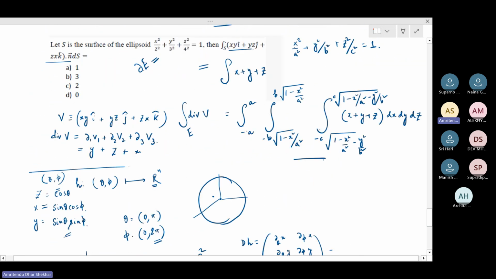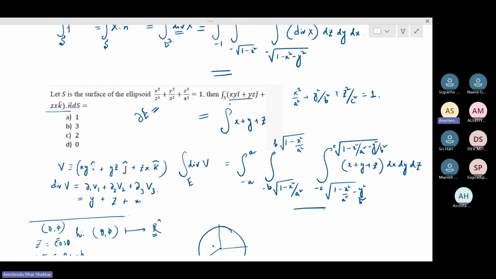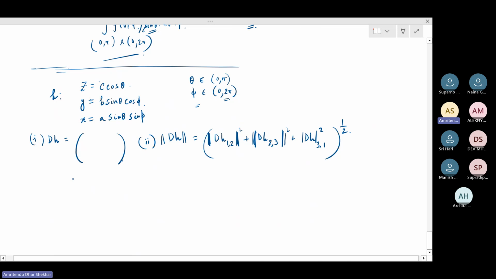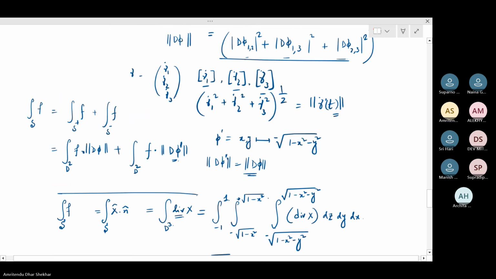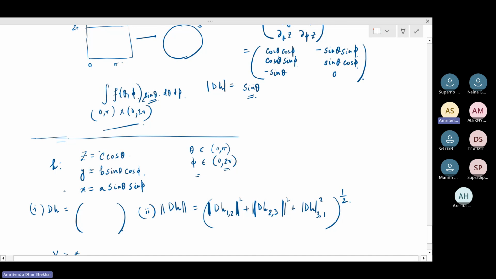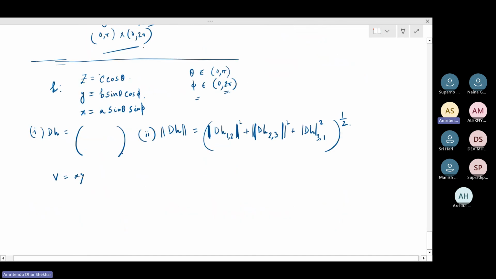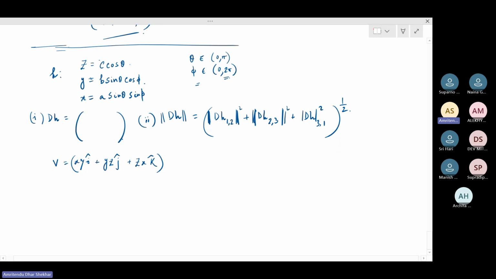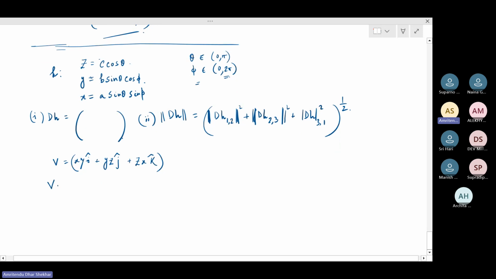Now the final step is to figure out what this integrand is. V is your vector field, which is given to you as xy plus yz plus zx, and you have to compute V dot n cap.